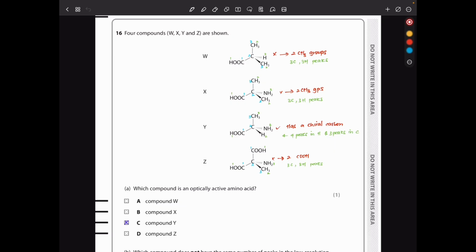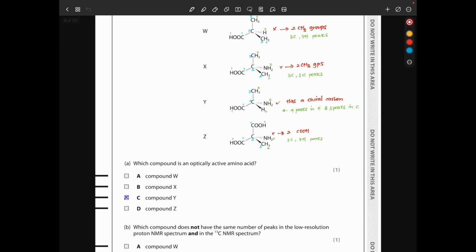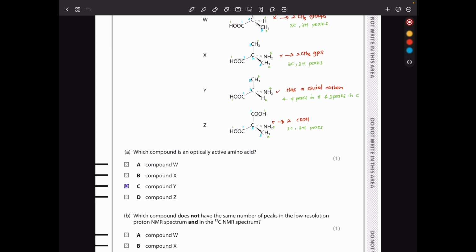If we compare the proton environments, we have 1, then these protons and those are identical, and then 1. So we also have 3 proton environments. When we come to X, we have this carbon, the second carbon, and these 2 are identical. So 3 carbon environments. For hydrogens, we have 1, these 2 are identical, and the third. So again, 3 carbons, 3 hydrogens.